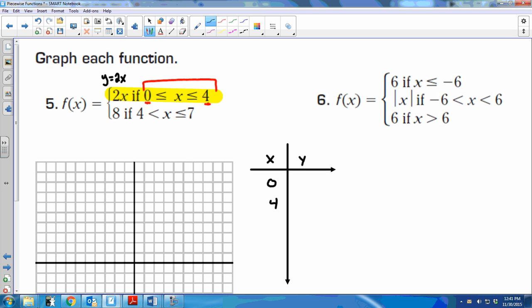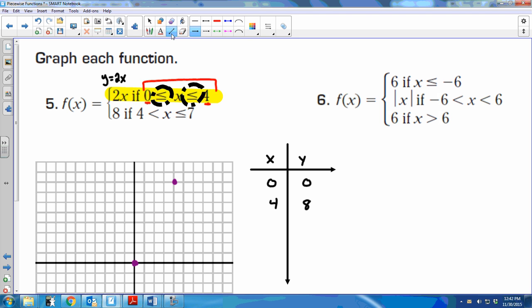Again, you could do that in your head, and that's okay. So what's 2 times 0? And what's 2 times 4? So I have a point at both of these places. Those are my endpoints. If you look at your inequality symbols, they're both less than or equal to, so they both can be closed circles. That's important as well. So 0, 0, and 4, 8.